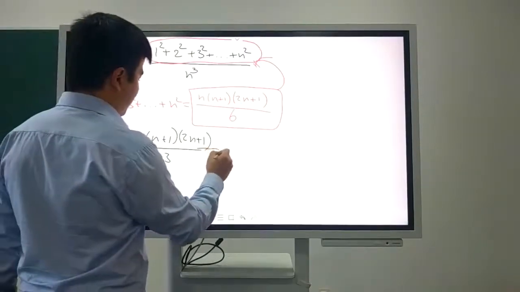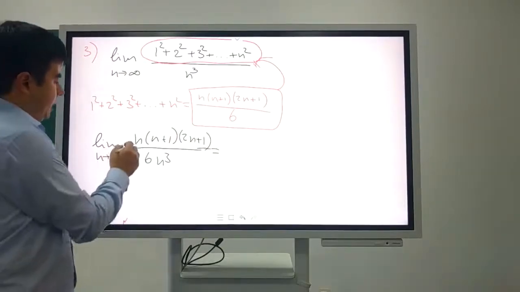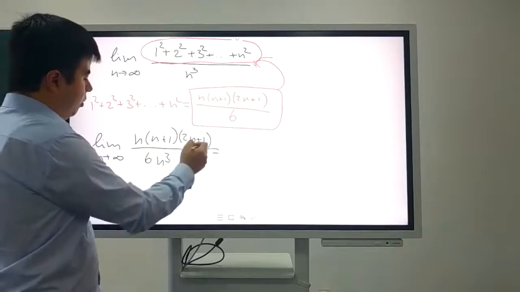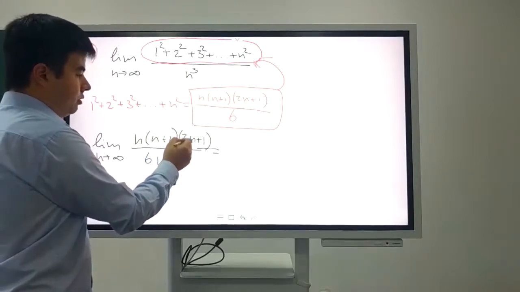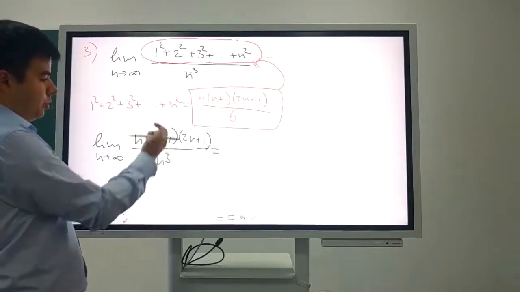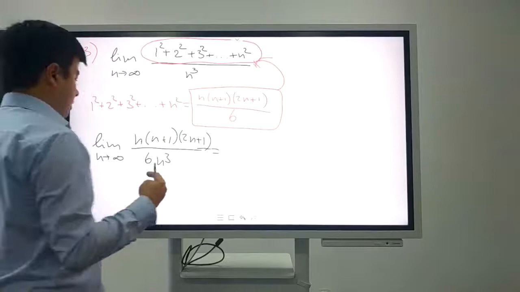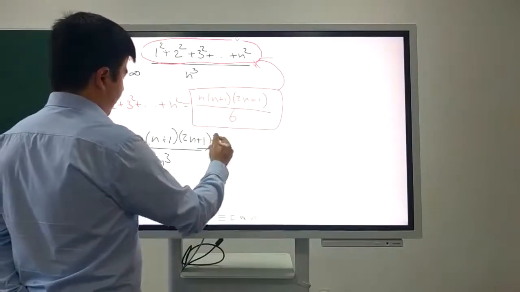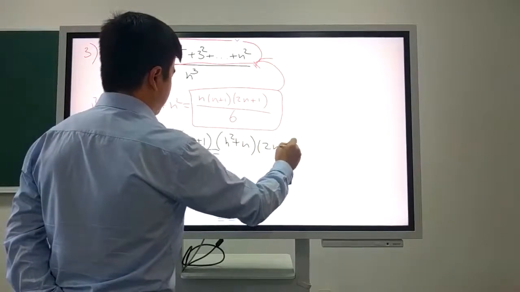And now we can calculate this limit. How? Let's consider the powers of n. Here, first power, and first power. When we multiply them, n times n is n squared, times 2n means 2n cubed. We need to open the brackets or use just the ratio of the coefficients of the greatest powers. If you open, it gets n squared plus n, times 2n plus 1.